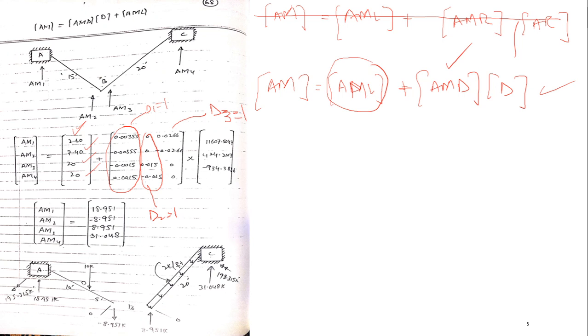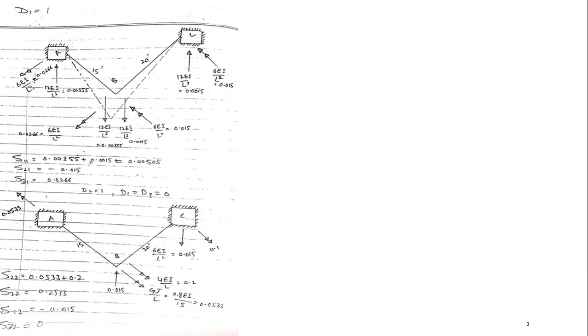Now watch out for this one. All values: 0.033, 0.03, 0.015, okay. Go back to this value. These are AM1, AM2, AM3 and AM4, all vertical reactions. AM1 is here, AM2 is here, AM3 is here, AM4 is here.